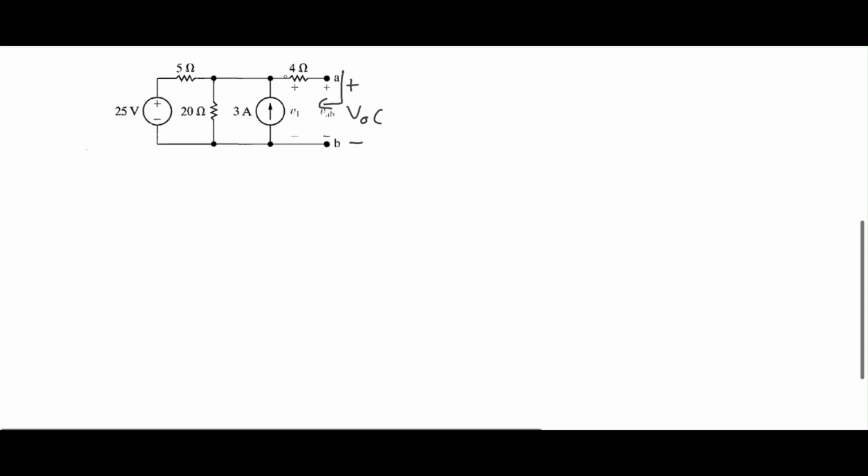So the very fundamental question is, do I have current over here? Is there any current passing through 4 ohms resistor? The answer is no. So if I call it I of 4 ohm resistor, the amount is 0 amp. Why? Because this circuit is open from here.